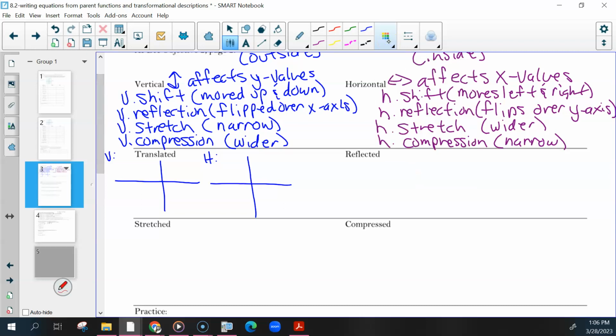So if we had something that was vertically translated, that's the same as a shift. So it's going to move up or down. So compared to one of our parent functions, it doesn't matter which one, I'm going to use a quadratic, the U. So it can either move up or it can move down. And I'm going to show that it moves up or down.